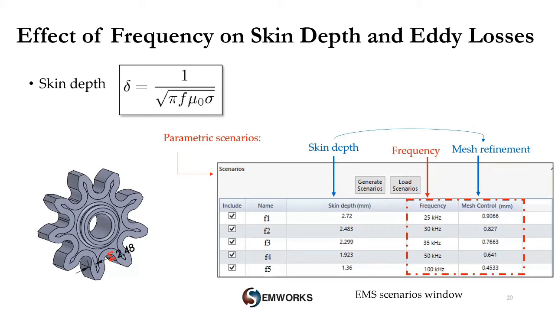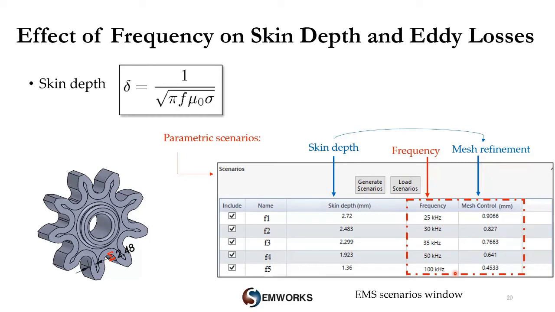So, a parametric analysis coupled with thermal is performed to select the optimal frequency and its impact on the skin depth and eddy losses. Now we are interested in the supply frequency, which will vary between two values, a minimum of 25 kHz and a maximum of 100 kHz.